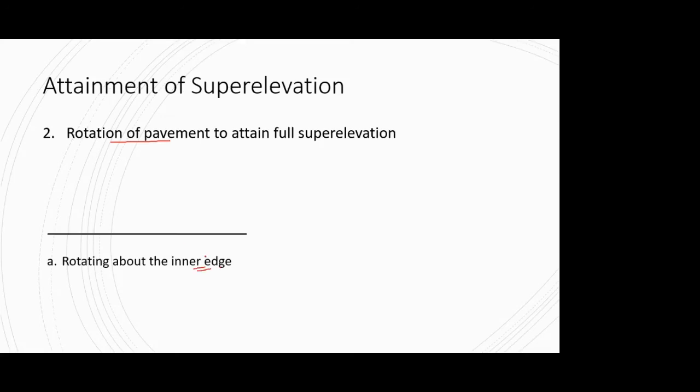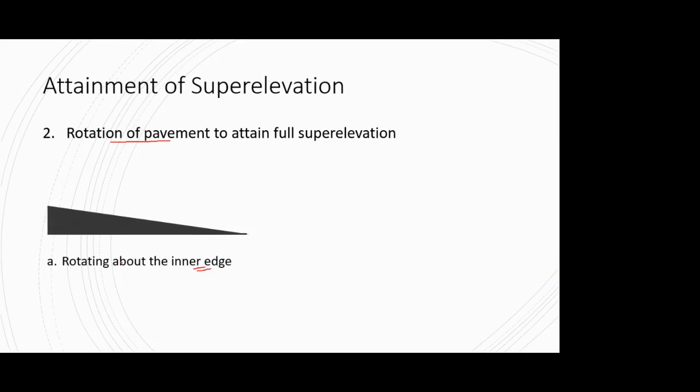So what I mean by this is, suppose I consider this as my pavement. At some places I have depicted the pavement as just a thick line, just to avoid complications in the diagrams. So this is my pavement surface at the straight section, suppose. I have not shown the camber over here. In this, I am rotating my pavement about the inner edge.